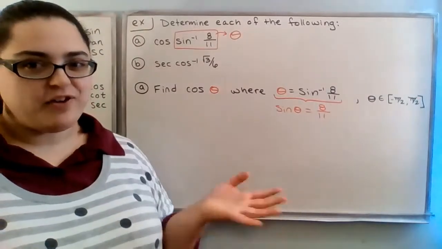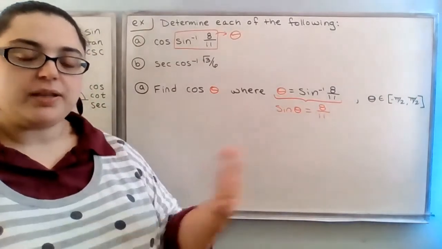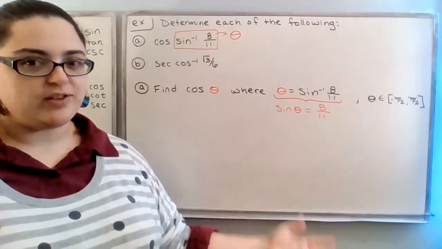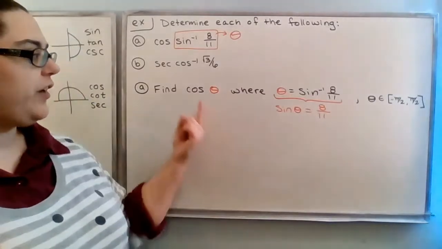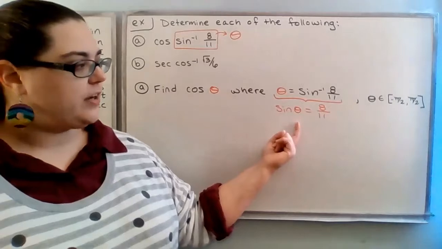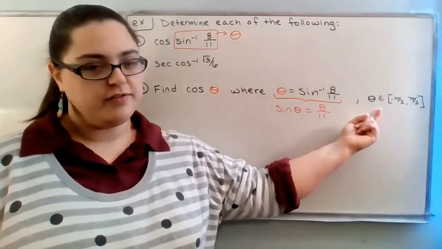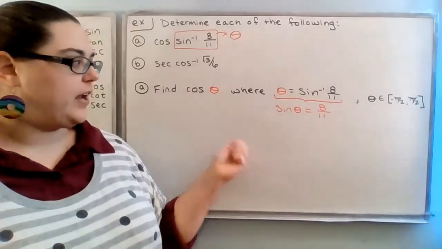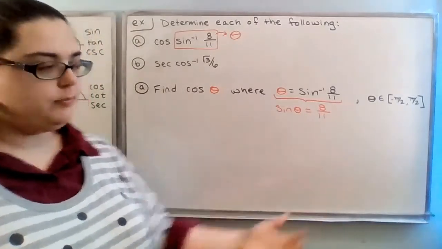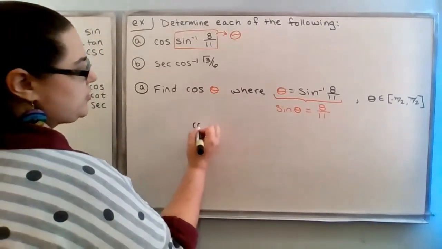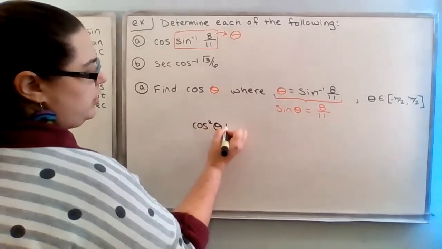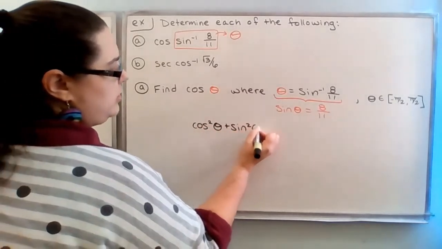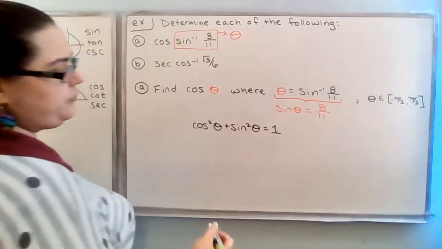All right, so now we have all the information that we need to complete one of those problems that we looked at before. I need to find cosine of theta. I know sine of theta, and I know where theta lives. So I'm going to use a Pythagorean identity: cosine squared theta plus sine squared theta is 1.